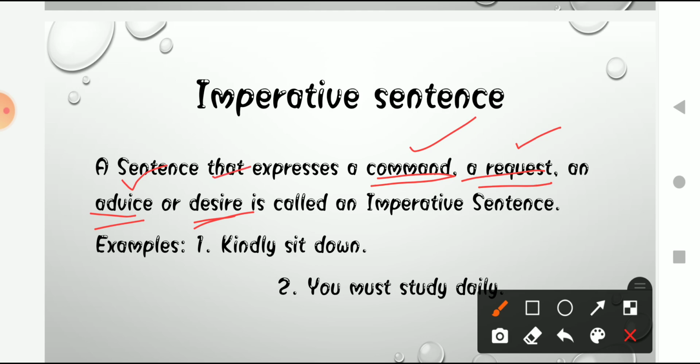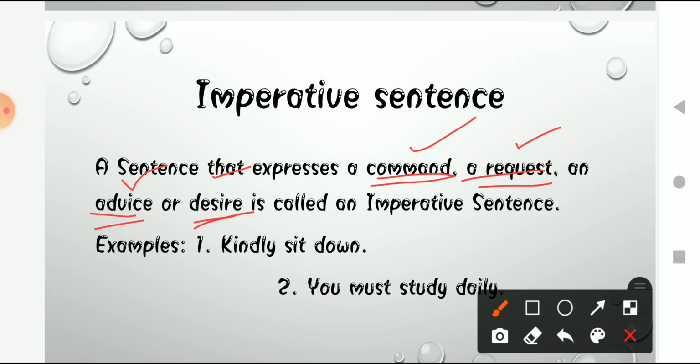For example, a sentence for a command: "Keep quiet." It's a command, right? "Please bring me a glass of water." So what is this? This is a request. So this is also an imperative sentence.